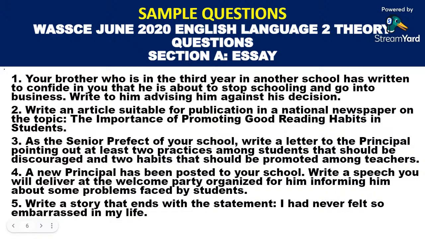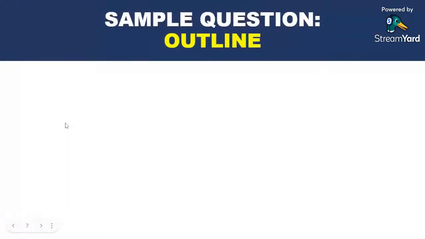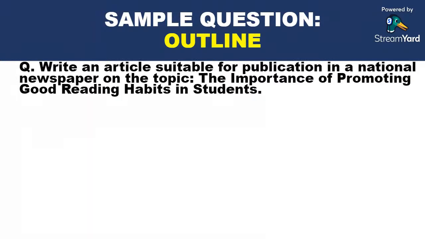So let's now move ahead and look at the sample question, and then we create an outline based on this question. The question once again: write an article suitable for publication in a national newspaper on the topic, the importance of promoting good reading habits in students.